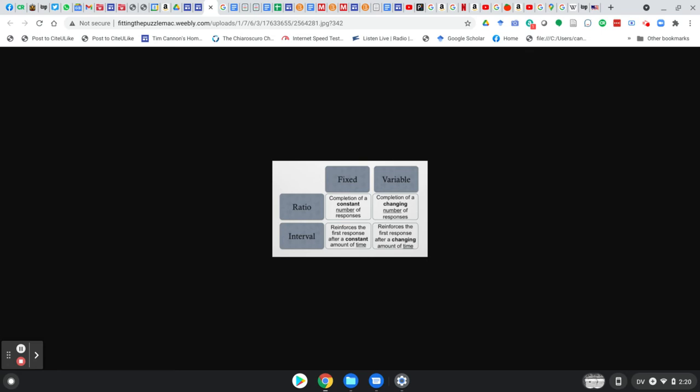You can have a fixed ratio schedule. The animal in that video, I don't know, that might have been an FR5, fixed ratio 5. So you set it up so the first response, no pellet, second, no pellet, third, no pellet, fourth, no pellet. But now the equipment is set so that when you do the fifth response, you get your tick mark, you get your pellet, and then you reset the counter. Fixed ratio 5.